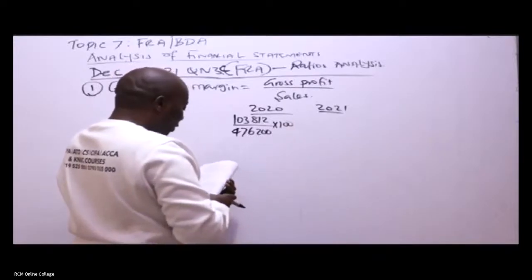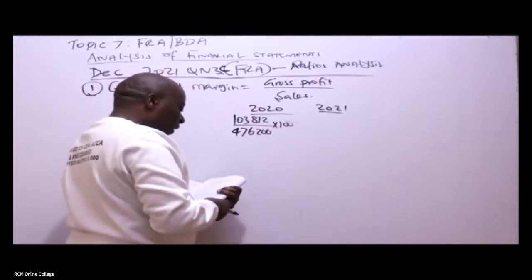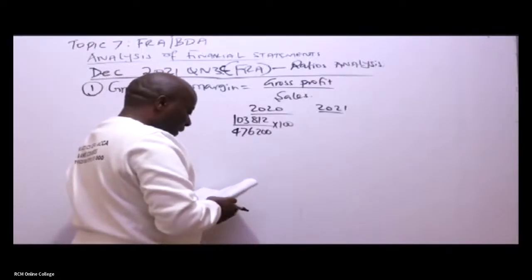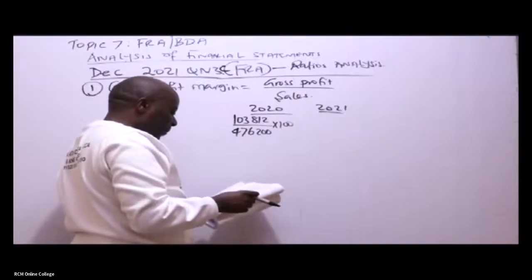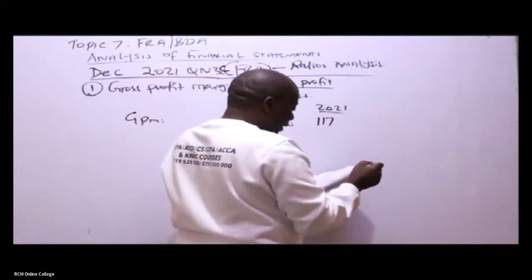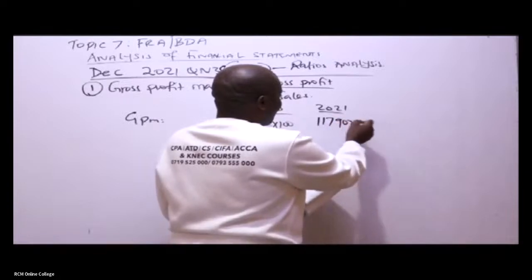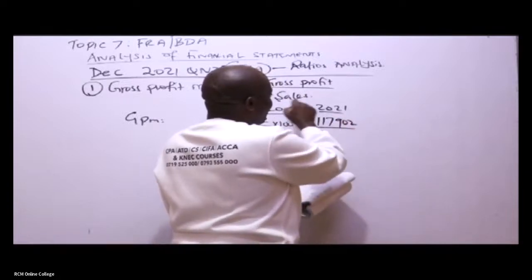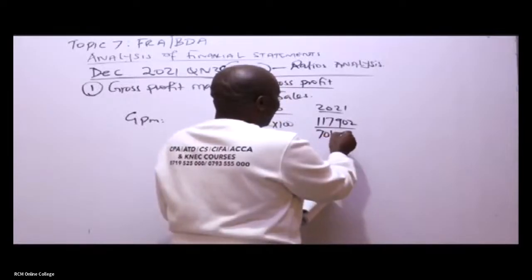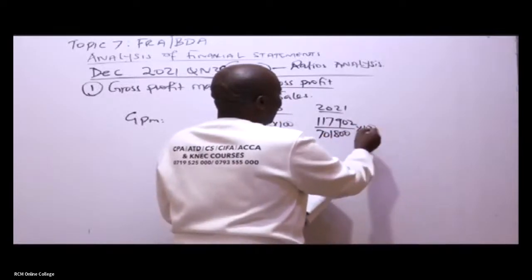For 2021, you do the same. Even the Excel students, I expect you to write these answers down, and then do this using Excel later at your own time, in the interest of our time. For 2021 we have 117,902. We divide this by our sales revenue for 2021, 701,800, times 100.